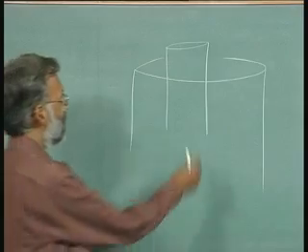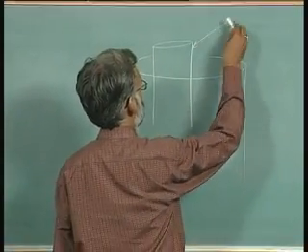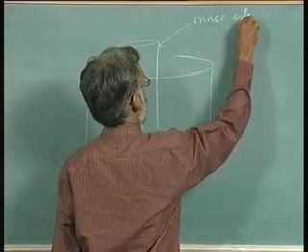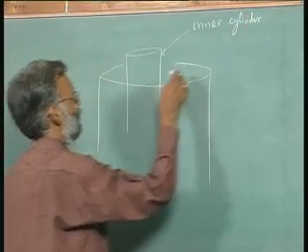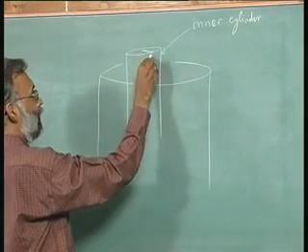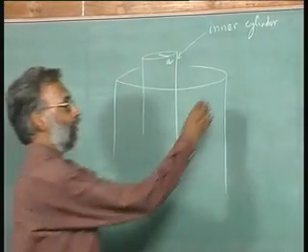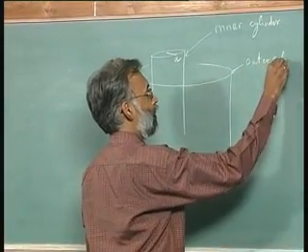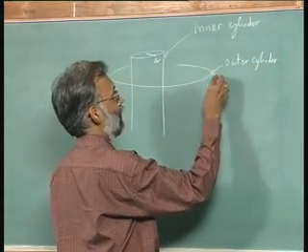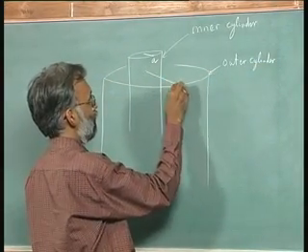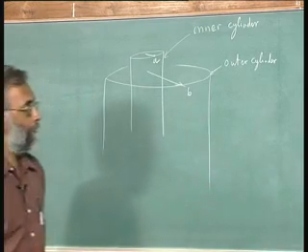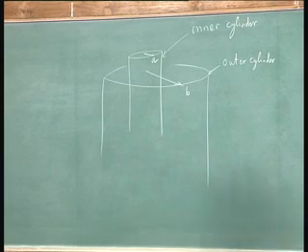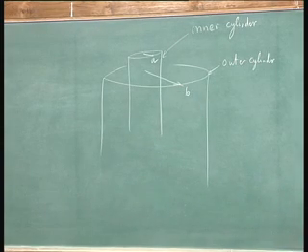I have two cylinders, the inner cylinder has say a radius A, the outer cylinder has radius B. The region between the cylinders is empty, it is air.